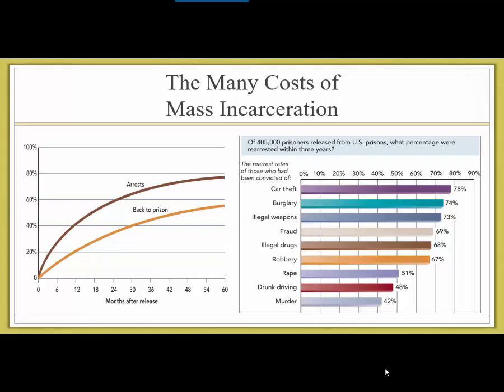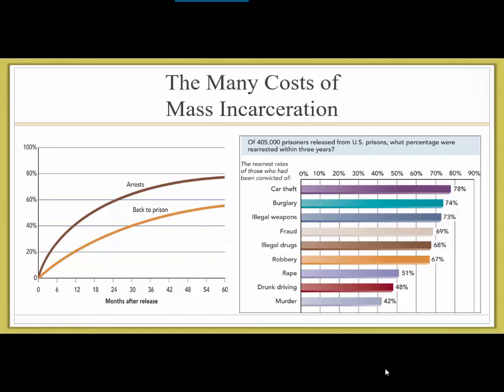We can see the number of people who go back to prison after they are arrested, and sometimes it's just months after their release, and that the rearrest rates, especially for a lot of the property crimes, car theft, burglary, illegal weapons, are really high, as opposed to even the violence recidivism rates, which, while not as high, are still fairly high.